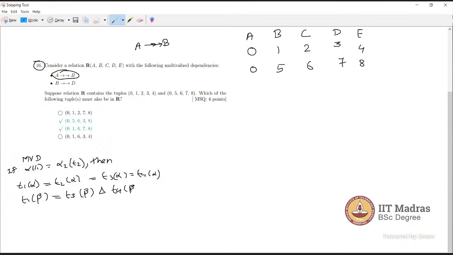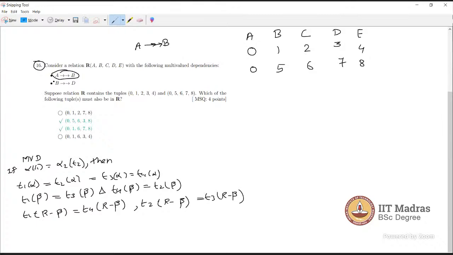And we have T1 of R minus beta equals T4 of R minus beta, and T2 of R minus beta equals T3 of R minus beta. Please remember this condition.